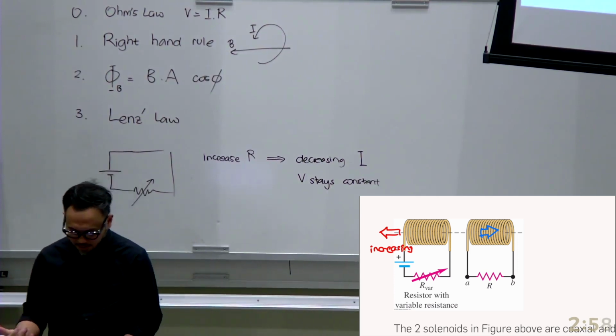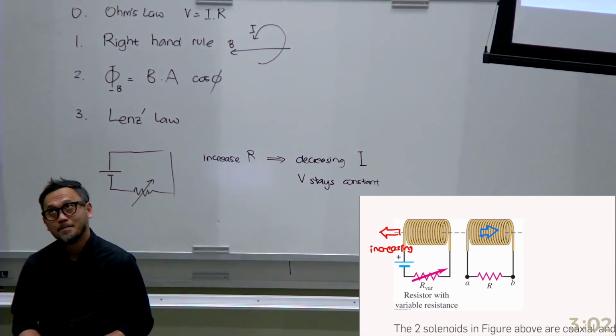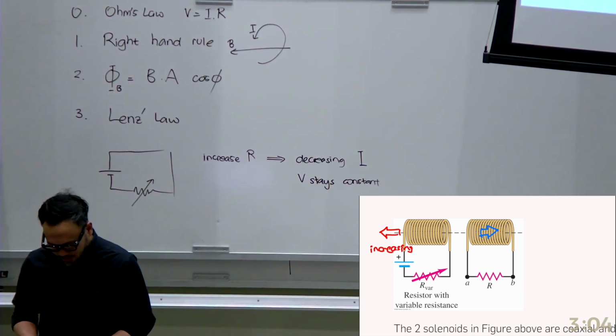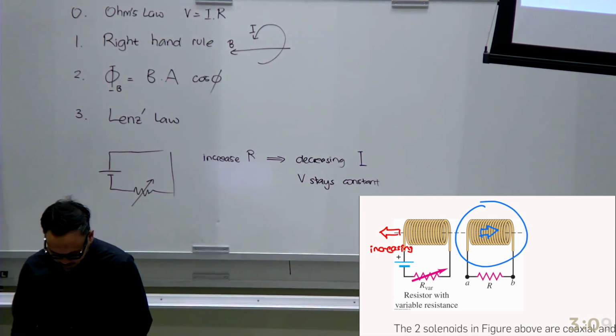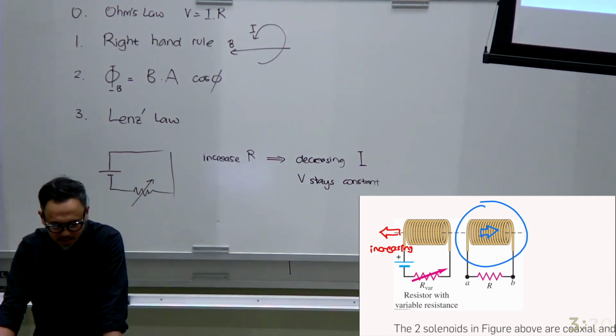Nature will induce magnetic fields on the second solenoid that point in the opposite direction, because of the one that initiated the dynamics, the flux increase. Is that clear? Any question?